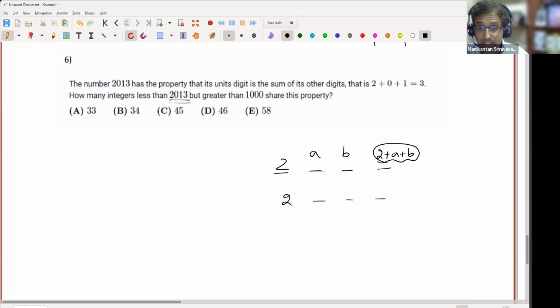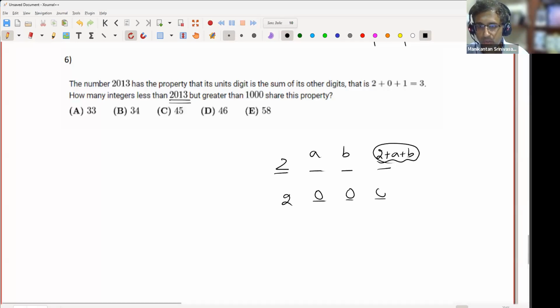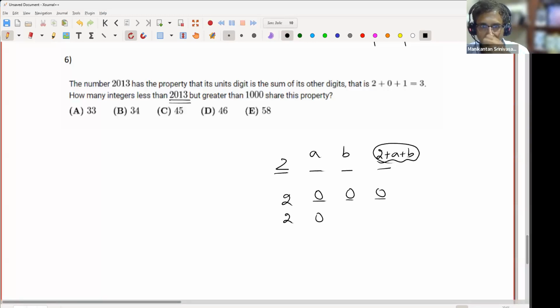And in fact, A has to be 0 or 1. A cannot even exceed 1. So there are very few choices. So it can be 2000, and it can be 20 what? 1, 1, and that's it. Is there anything else possible? Just these two, the 2000 series.